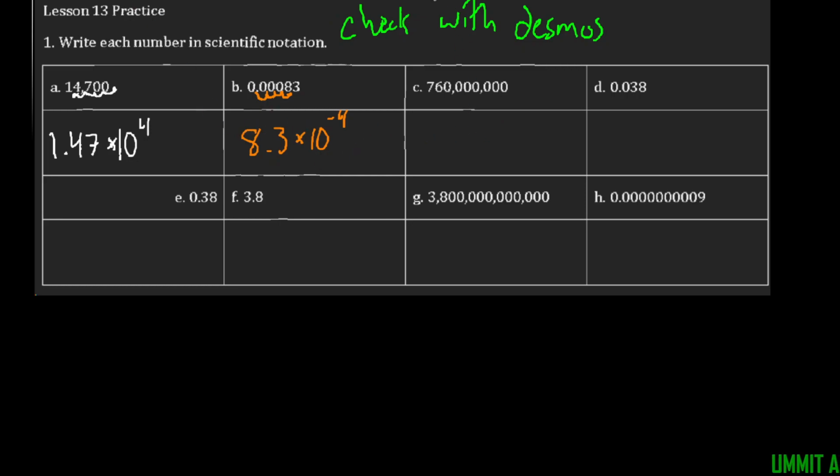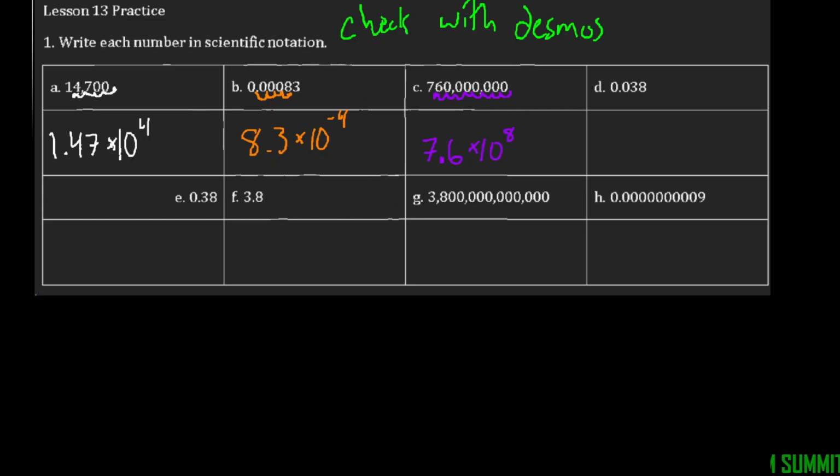All right, so then for this one, I can say I have 1, 2, 3, 4, 5, 6, 7, 8 times. So I'm going to say 7.6 times 10 to the power of 8.